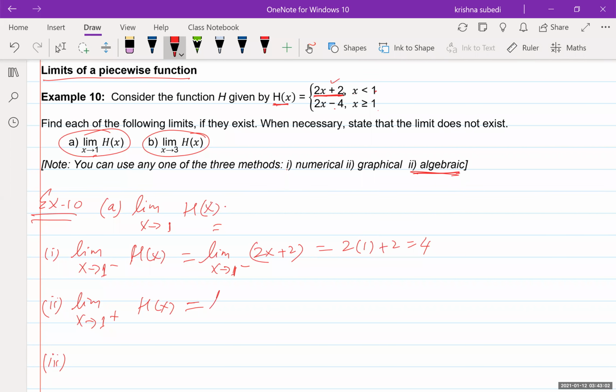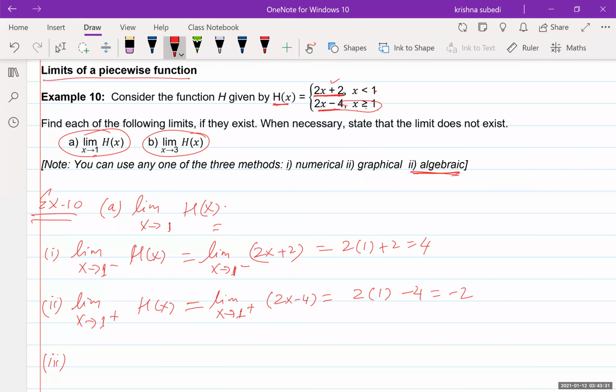Now, when x is a little bit greater than 1, the first piece or the second piece? The second one. Second piece, because x a little bit bigger than 1 means the second piece, as you can see here. So that means 2x minus 4. That's going to give me 2 times 1 minus 4, which is negative 2.